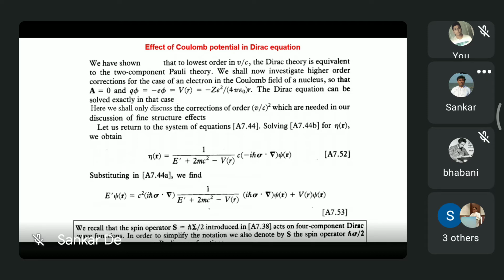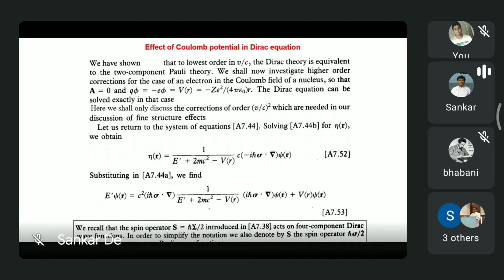Here we go up to the correction of v square by c square, which is needed for our fine structure effects, but the higher corrections we are ignoring in our derivation, or in fact we are ignoring in your syllabus at least.